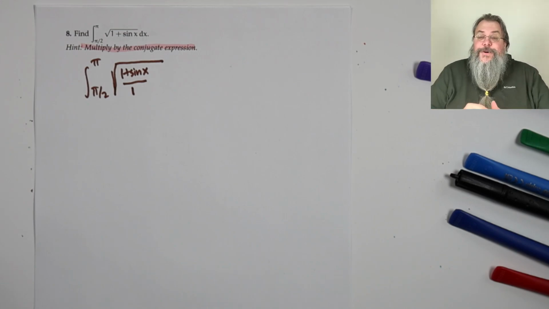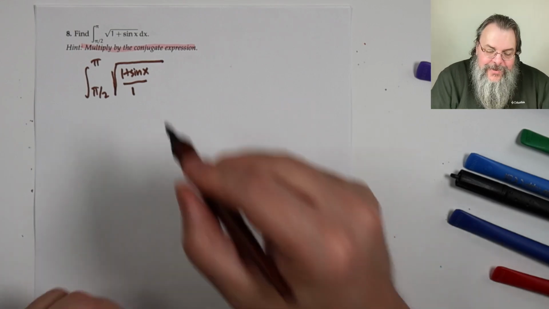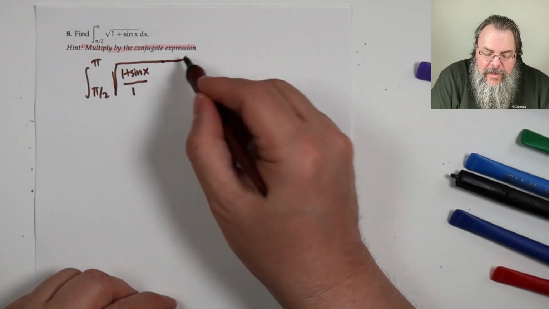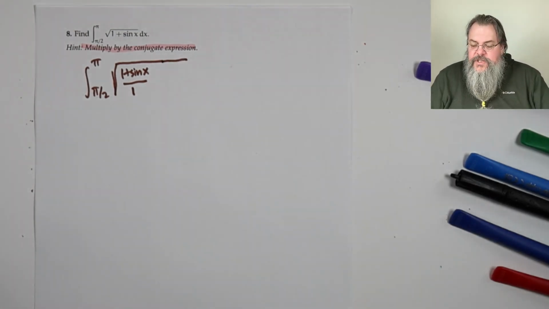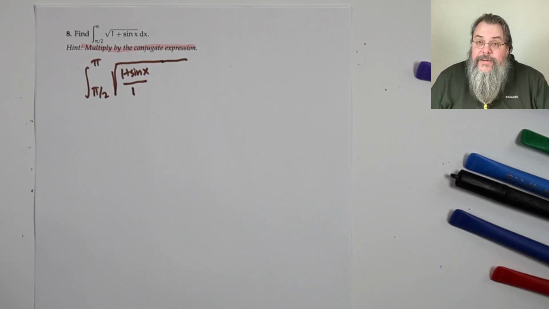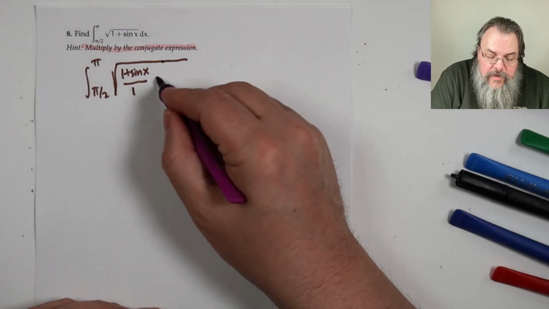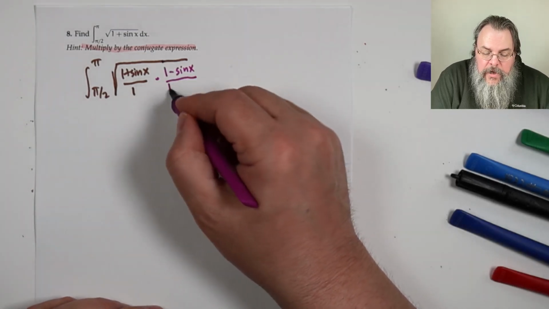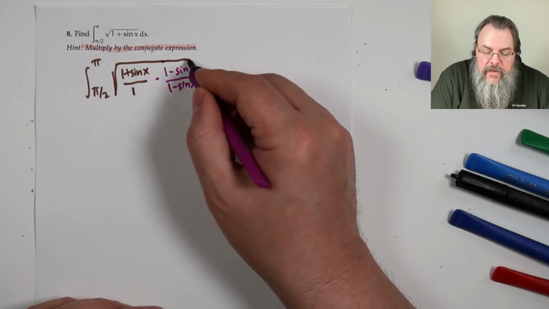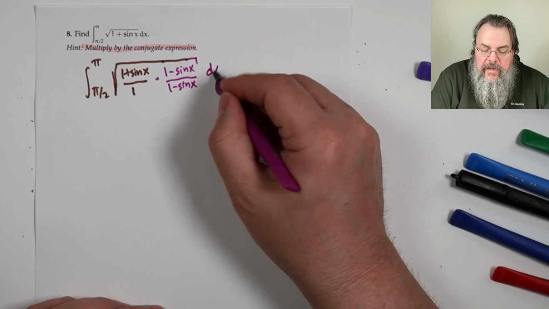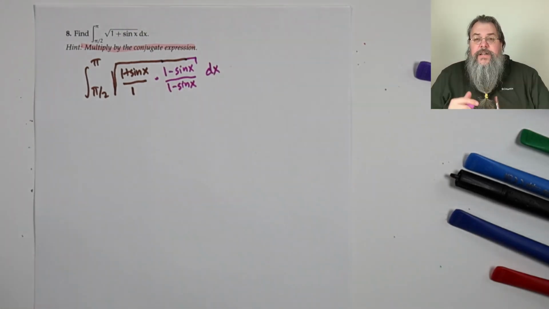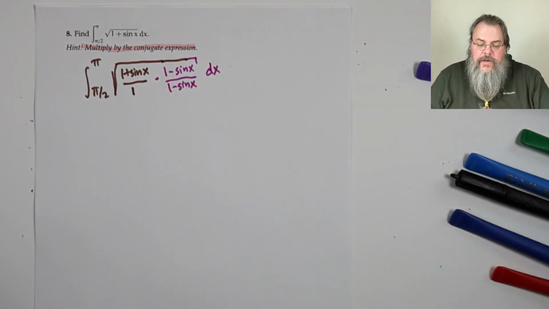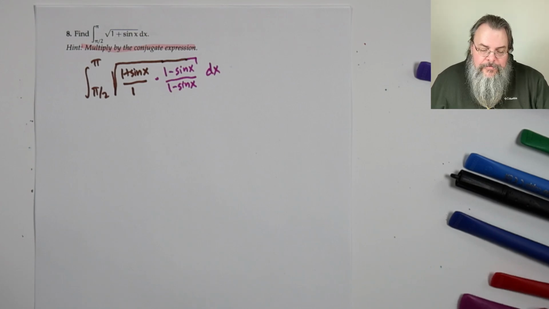So for us, that's going to be 1 minus sine x over 1 minus sine x, dx. So I'm multiplying on the inside, and I don't have any issues here. Life is good.